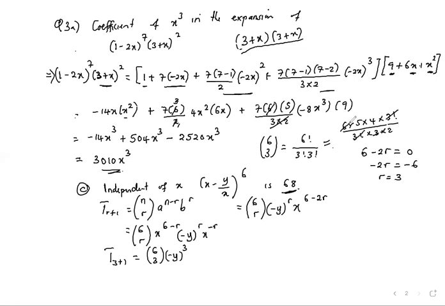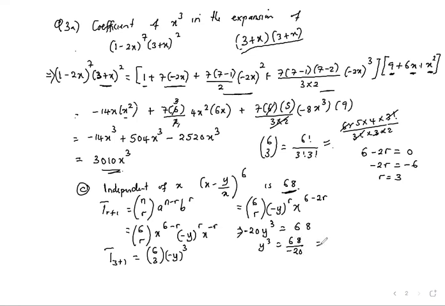So we get a 20 from there. So we have 20 times minus y power 3 equal to 68, because we are told when you have found that term, it is equal to 68. So now solve the equation for y. So we have y cubed is equal to 68, and we divide by minus 20.